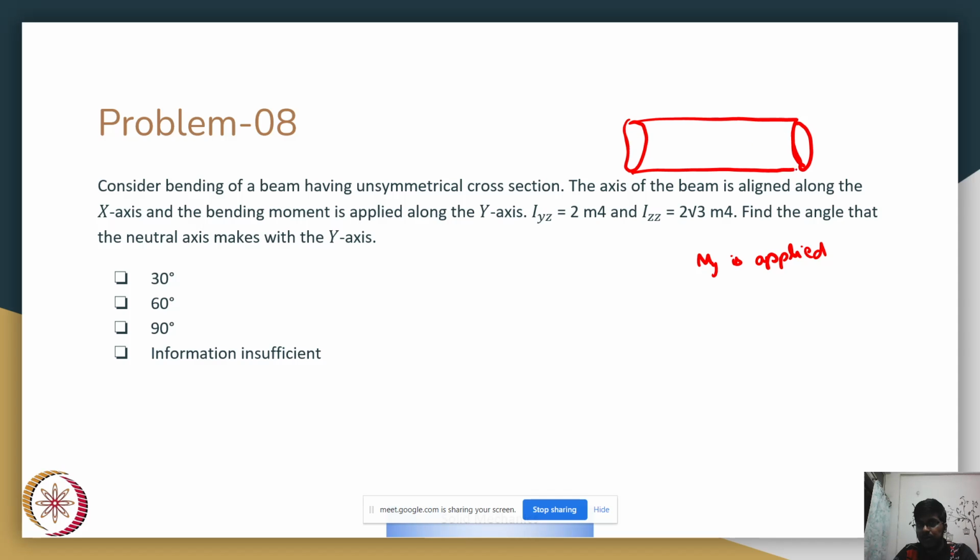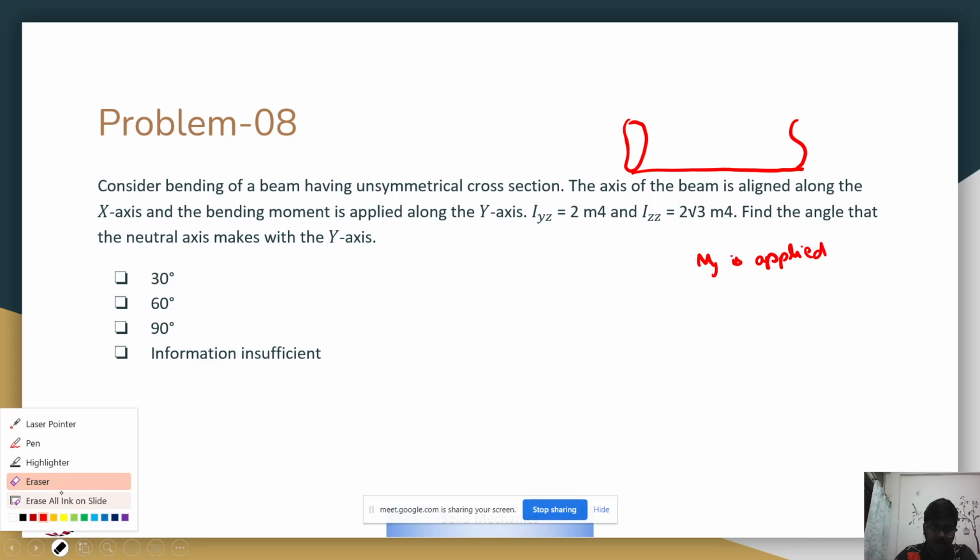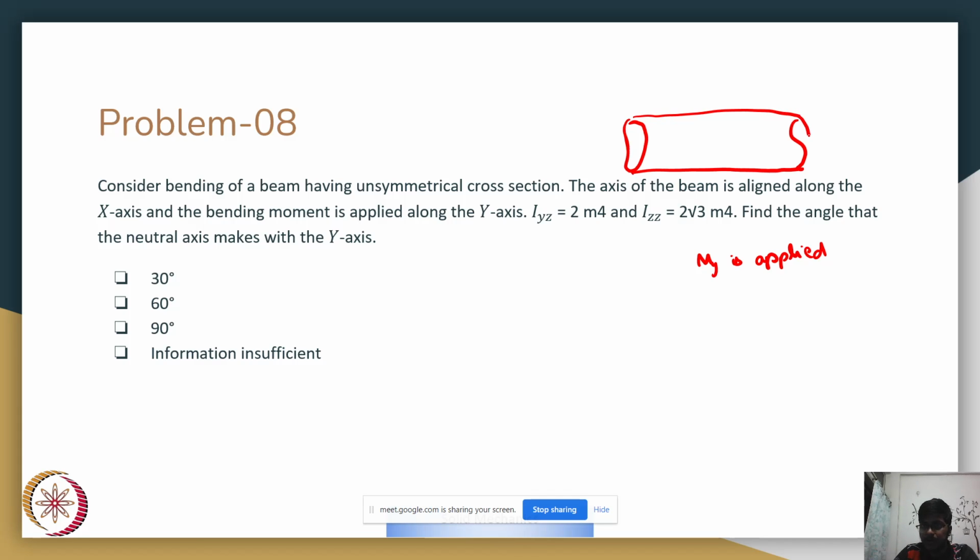This is an unsymmetrical cross section, and therefore it satisfies the given condition.